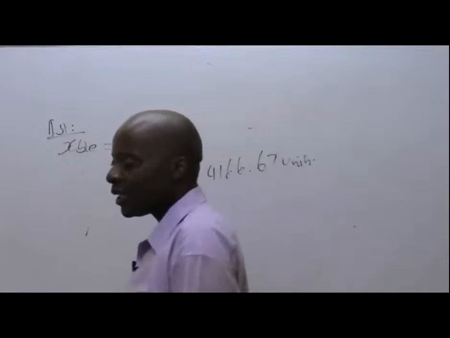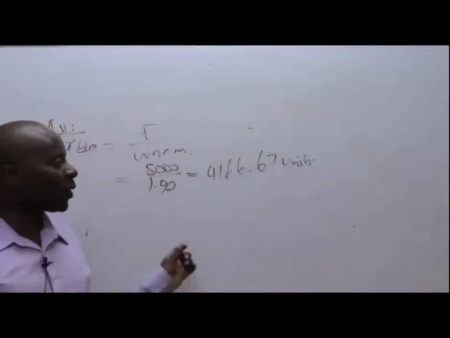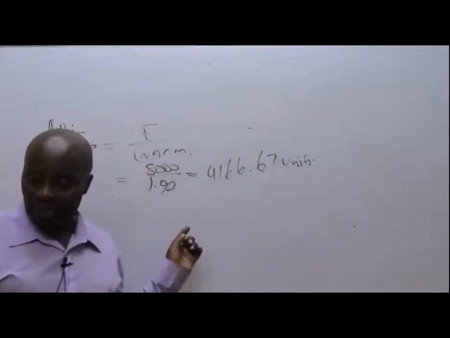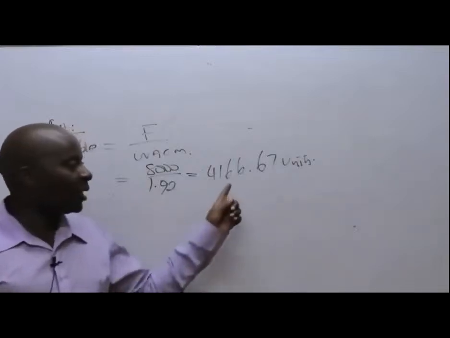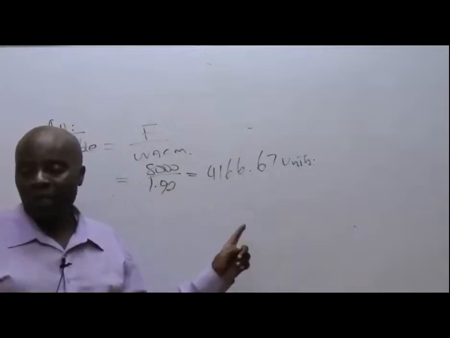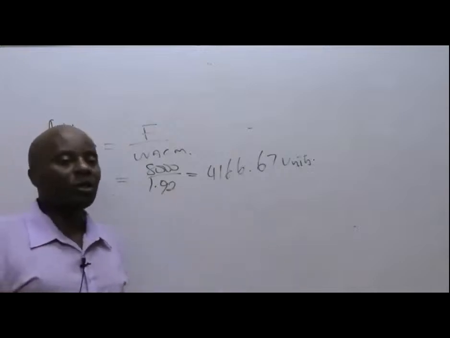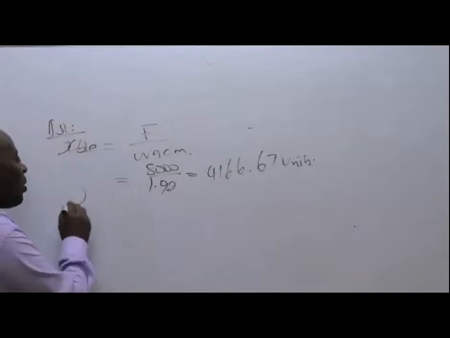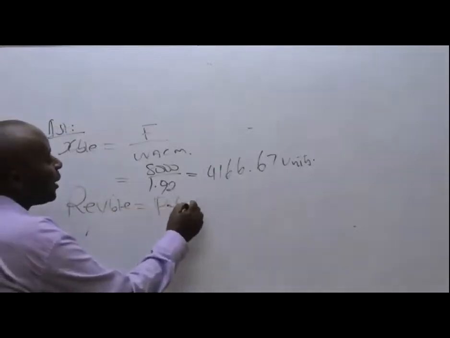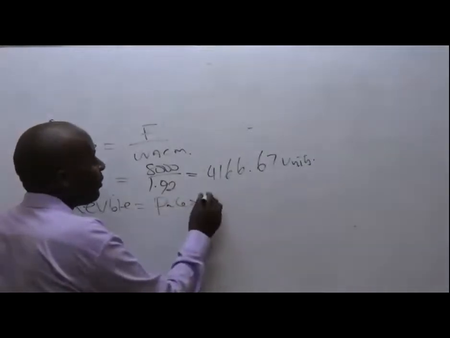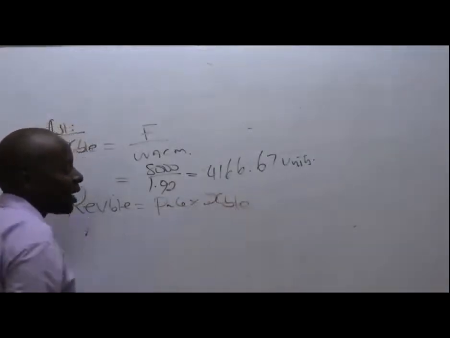After getting these, the second step now is to monetize these. So how do we monetize these? By taking this quantity and multiplying it with the price. So our revenue break even will be equal to price times quantity break even.